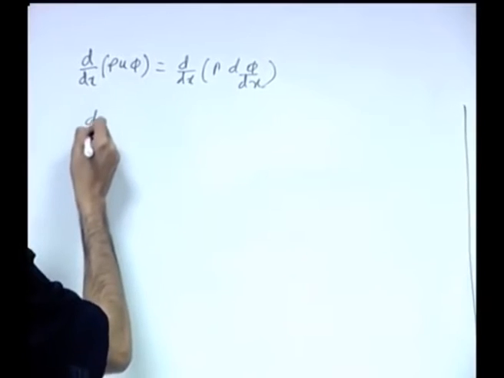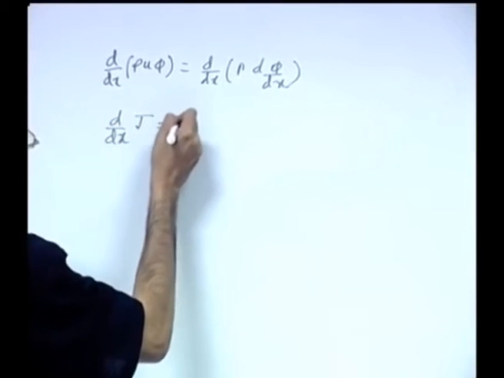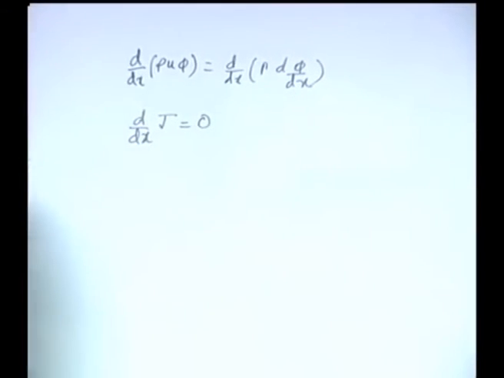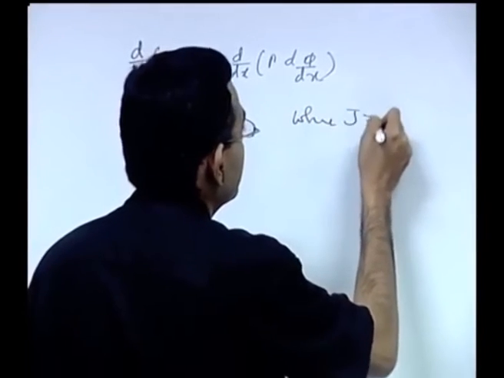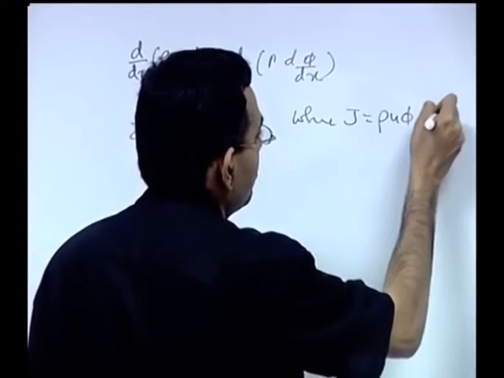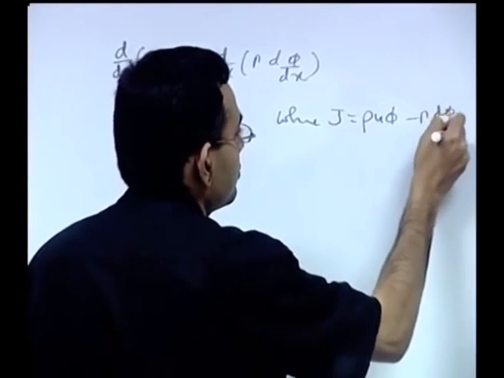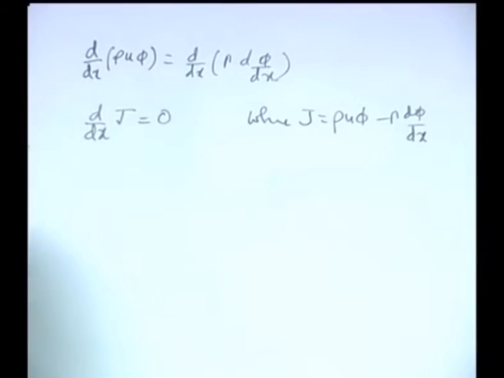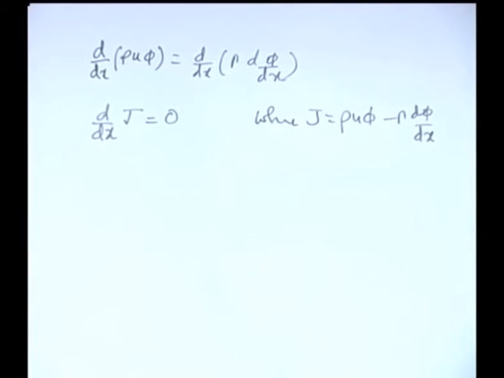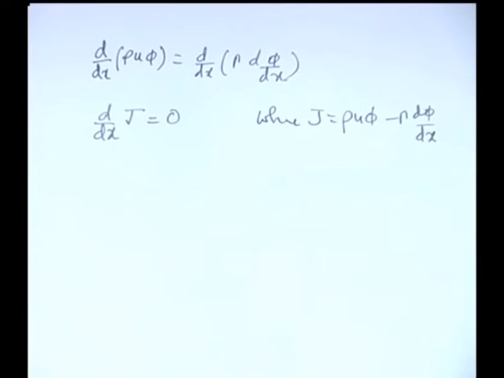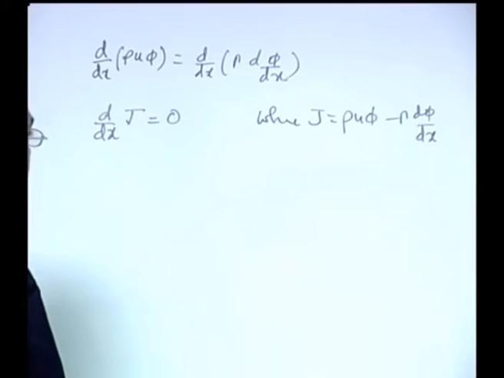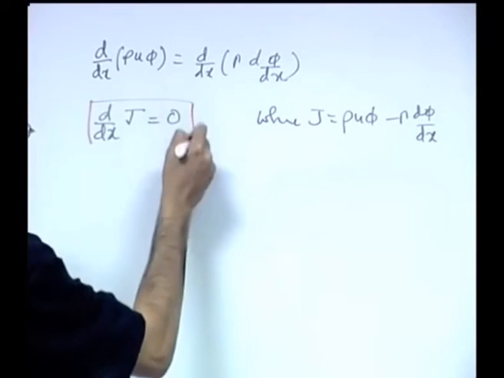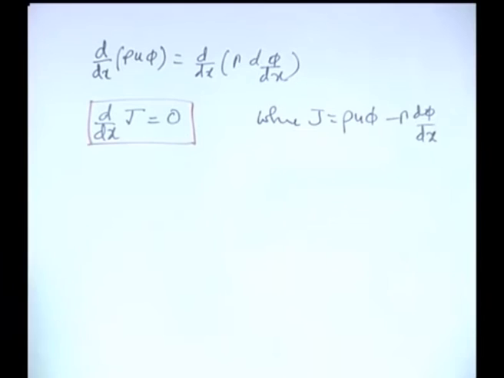So, this in short form you can write dj dx equal to 0, where j is the total flux rho u phi minus gamma d phi dx. So, let us consider dj dx equal to 0 as our governing differential equation.